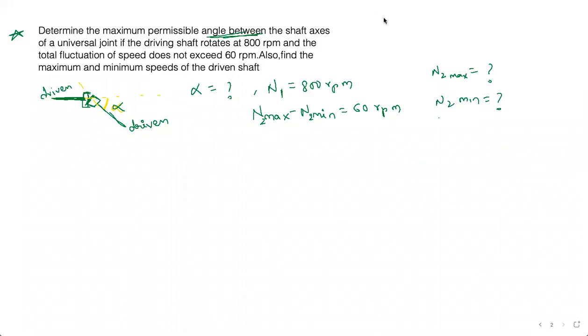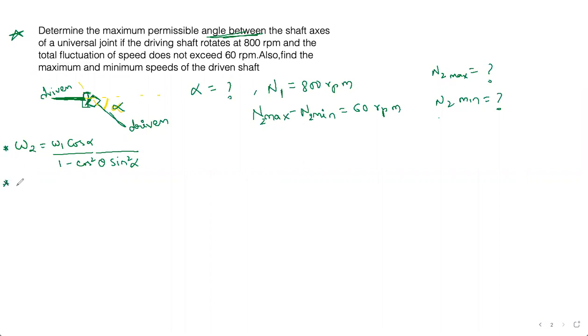For each and every problem, if you are able to recall these things, then there is no chance of making any mistakes. So recall these things: omega 2 is equal to omega 1 multiplied by cos alpha divided by 1 minus cos square theta sin square alpha. This is the first one which you should remember.